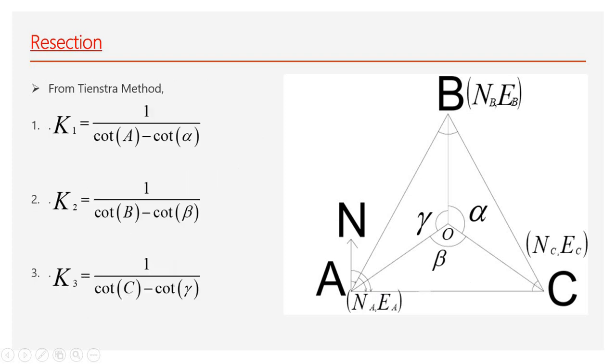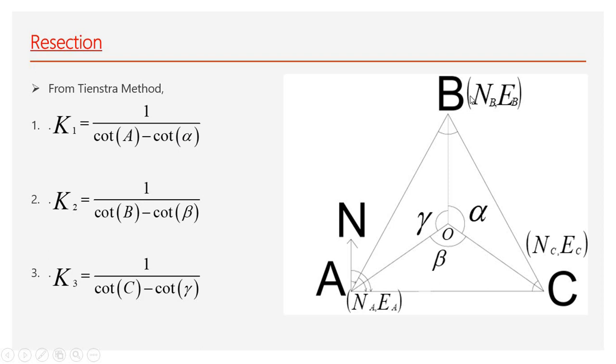Now from the Tienstra method we have the formula like this. These are the coefficients. K1 equals 1 by cot A minus cot alpha. If you are taking point A, then its corresponding angle is taken here.